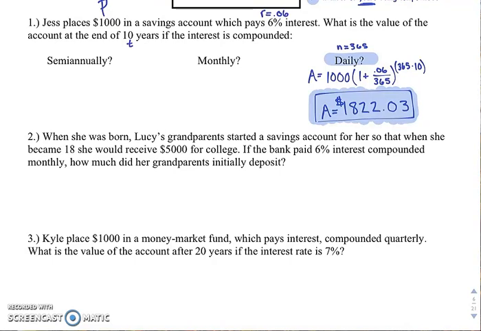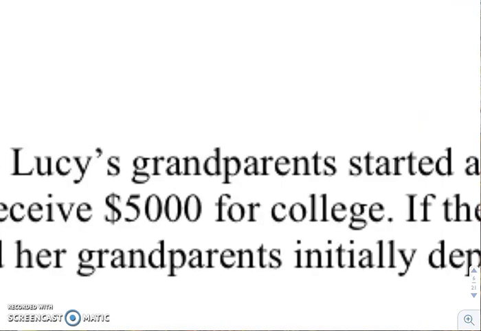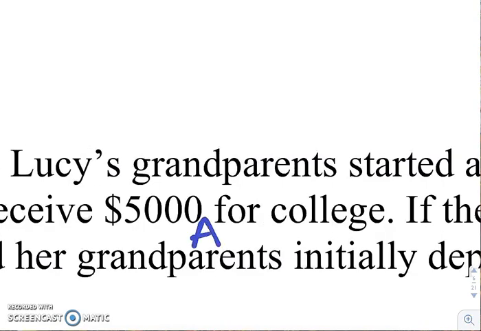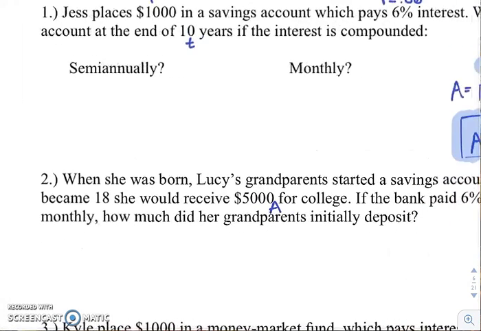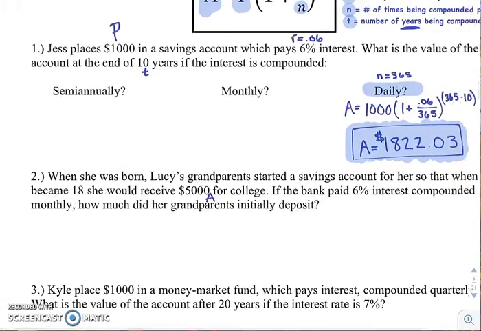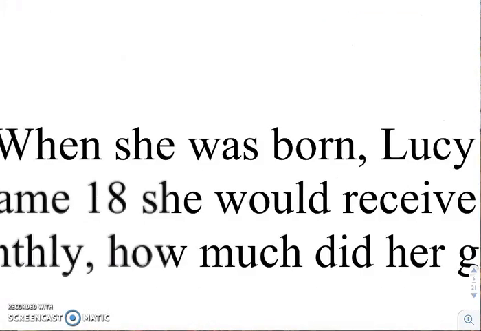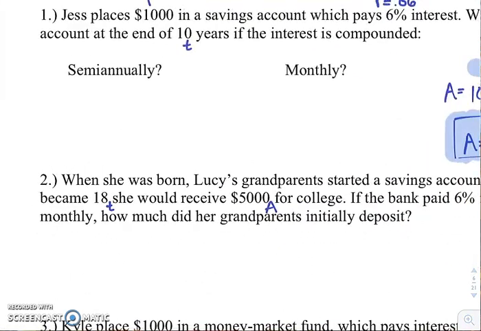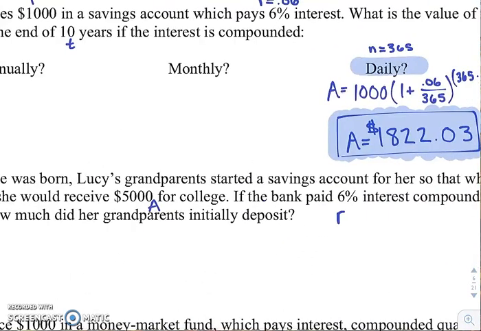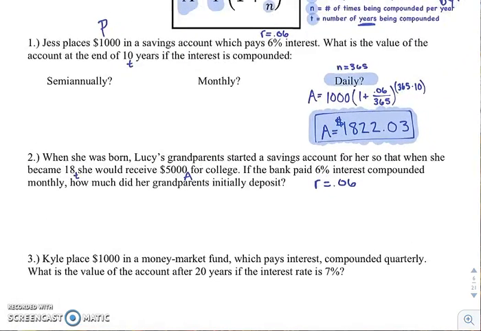In this case, we're trying to find the initial amount, which is P, and we're given A, the end amount. So $5,000 is your A, and the time is 18 because it was from the time she was born till she turns 18, so that's your T. And 6% is the rate, so again, the rate is 0.06.